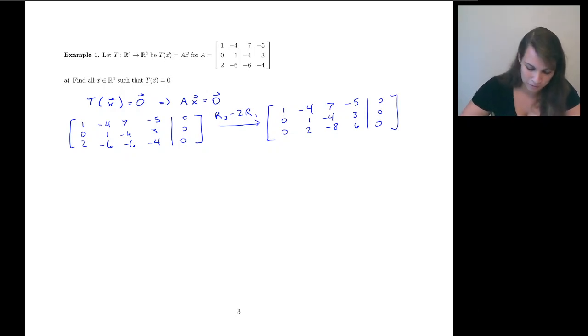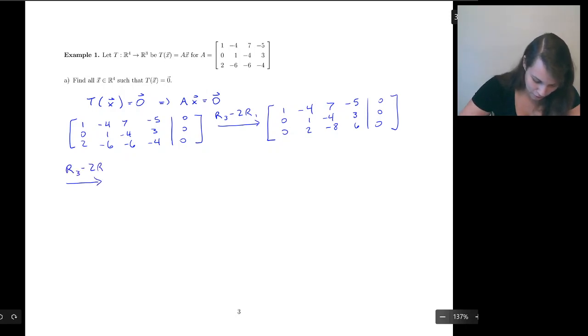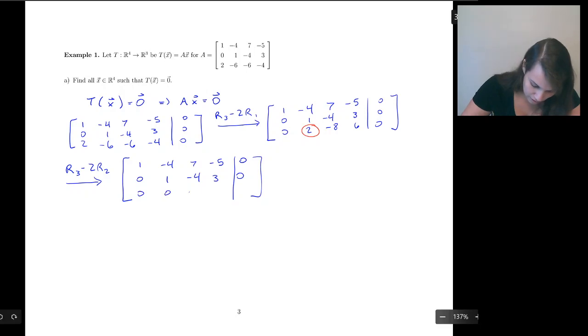I didn't do it row by row. I'll do this one row by row. Okay, so we've got R3 minus 2R2, so that we can get rid of this 2 right here. Row 1 and row 2 stay the same. And then for row 3, we end up with all zeros.